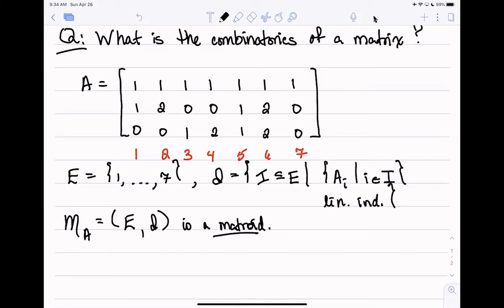And if I have those axioms, then I can start to define all the other things that go on in vector spaces. Like once I have my independent sets, I can look at the ones that are maximal, and those are bases of my matroid. I can look at the subsets of E that I did not declare to be independent, and those are the dependent sets. I can look at the minimal dependent sets, and those are circuits, etc.